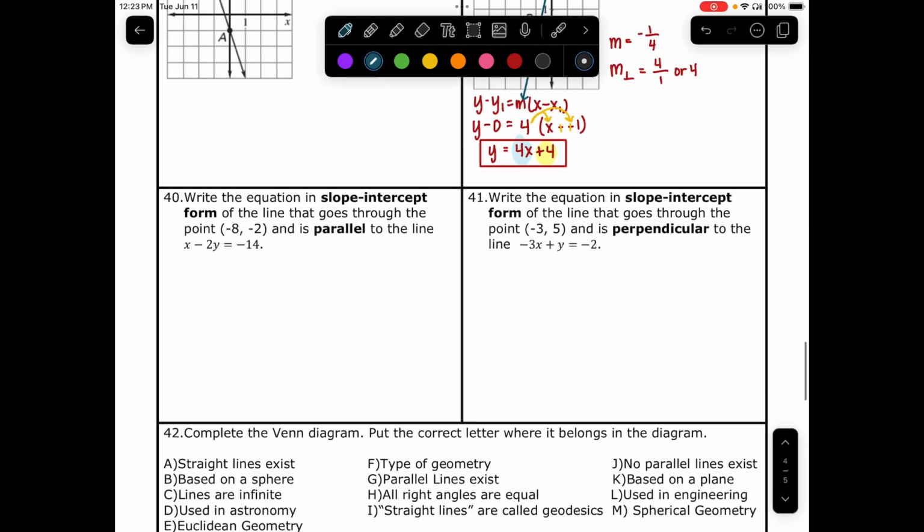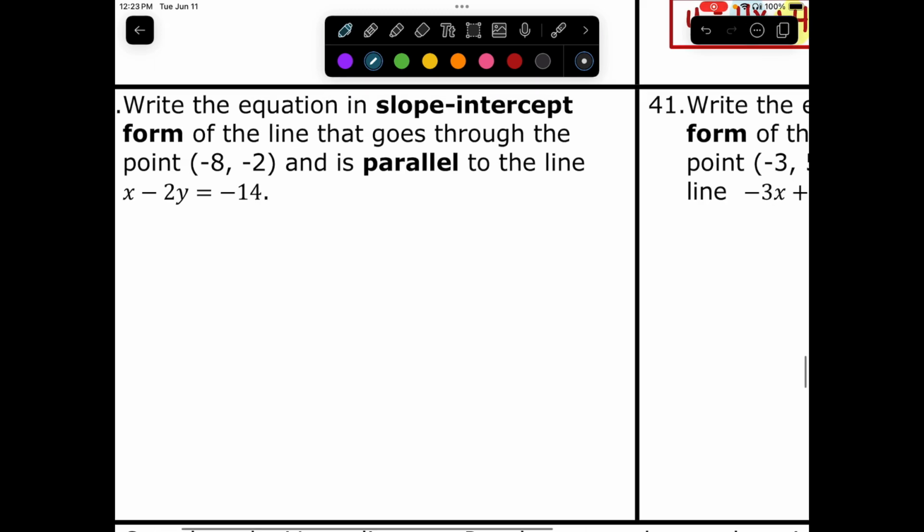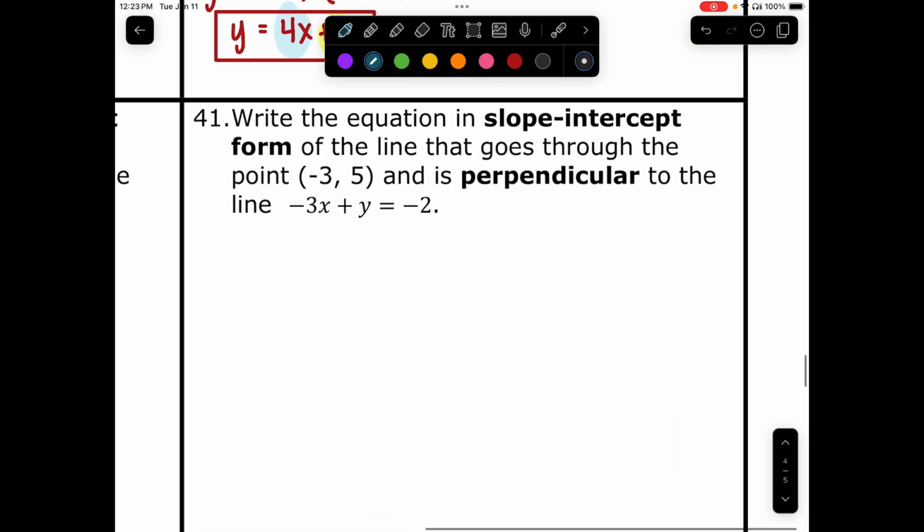All right, chart number 40. Number 41, right? The equation in slope-intercept form of a line that goes through this point and it's perpendicular to this line. All right, so first let's find the slope of the line.